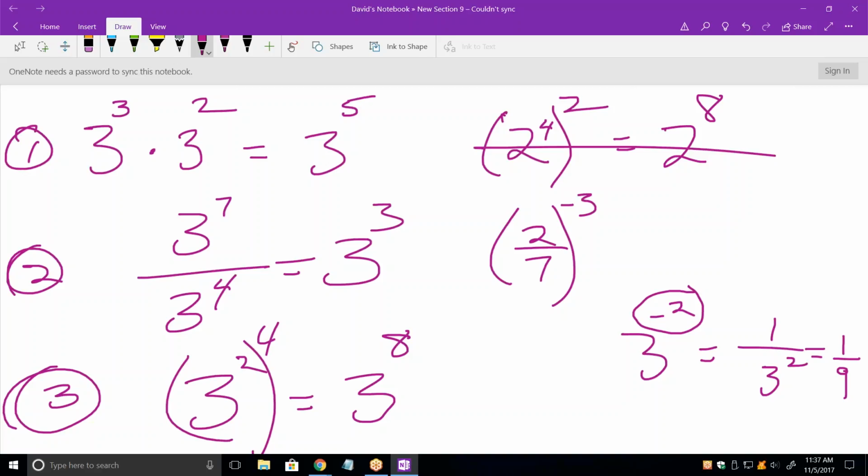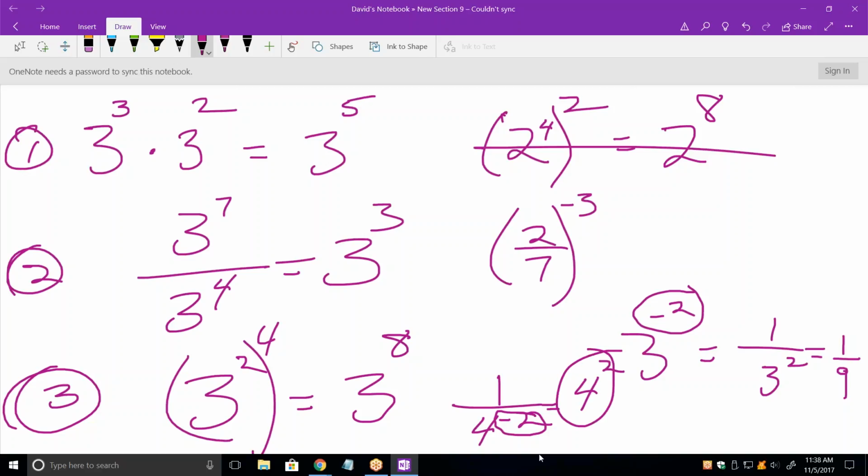Okay? And it turns out that when you have a negative exponent, let's say I had something like this. If you have a negative exponent, all you have to do is move everything to the other side of the fraction bar and change the exponent.